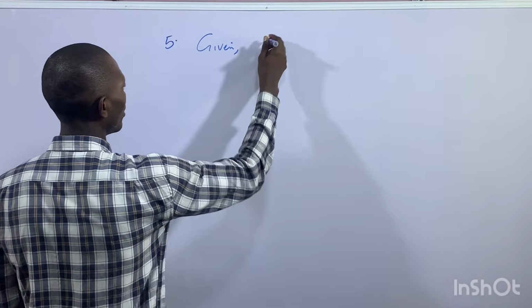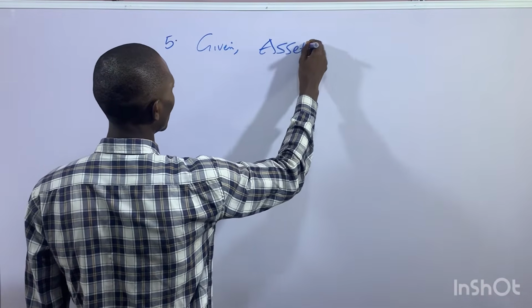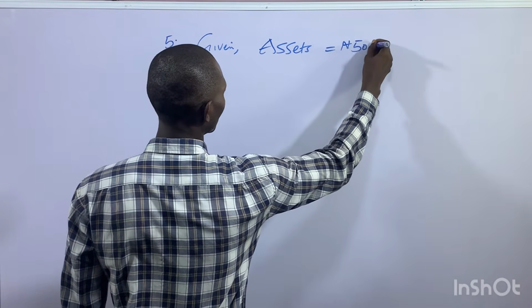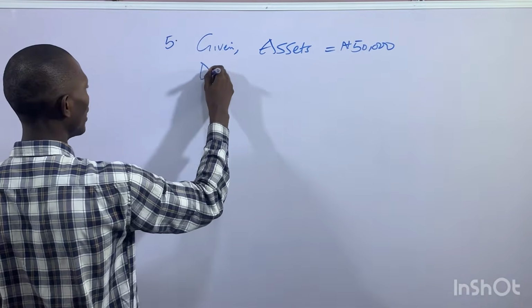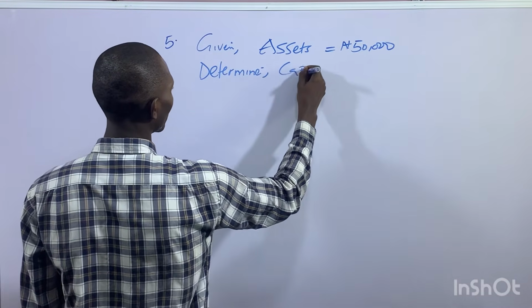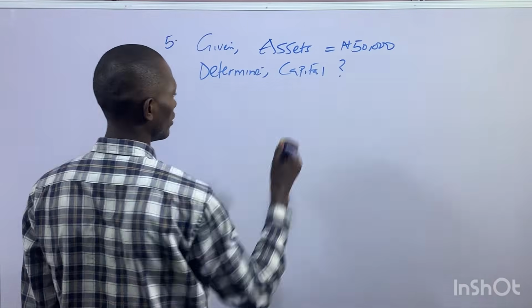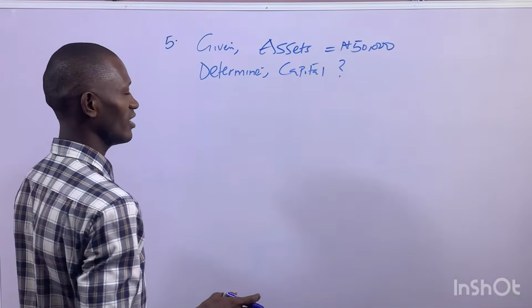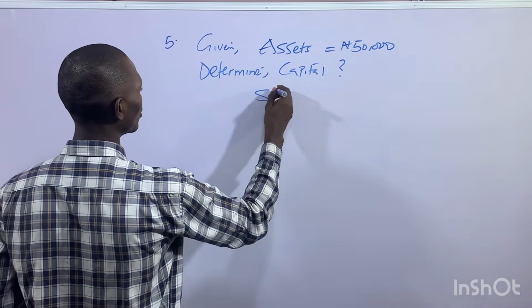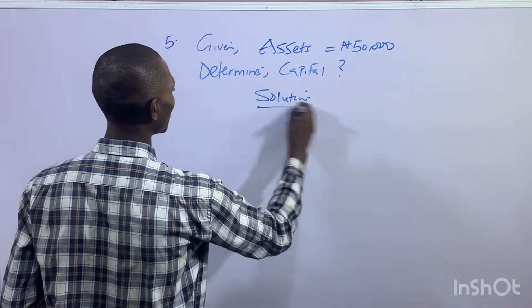Given assets as, let's say, 50,000. Here you are now asked to determine capital. Look at this question, very tricky. It's small but mighty. So to solve this question, we have to determine capital.